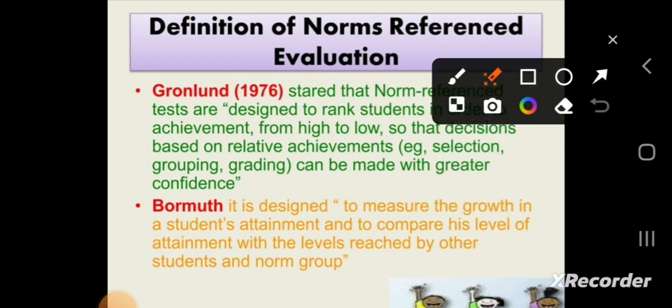It is designed to measure the growth in a student's attainment and to compare his level of attainment with the levels reached by other students and norm groups. Norm-referenced evaluations are concerned with how students perform in relation to others, rather than solely on whether they have mastered the material.